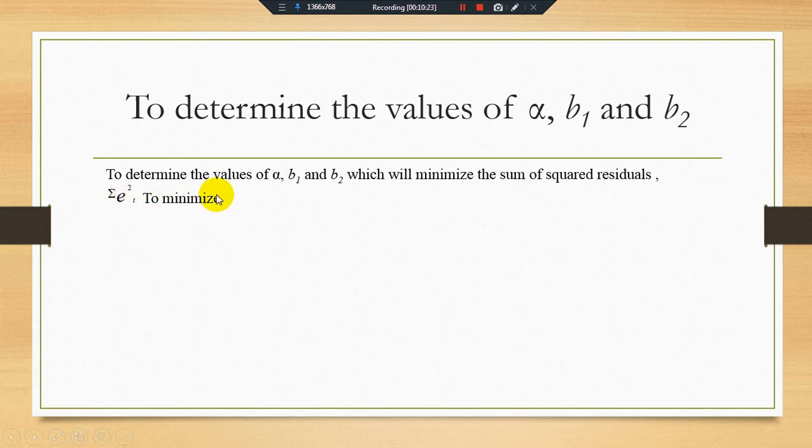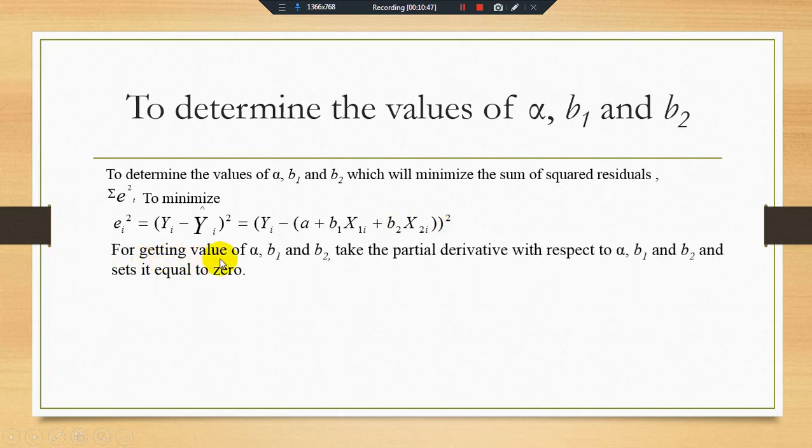To minimize the square of the error term, we have the sum of ei squared equal to the sum of (yi minus y hat) squared, which is yi minus (a plus b1 x1i plus b2 x2i), whole squared.